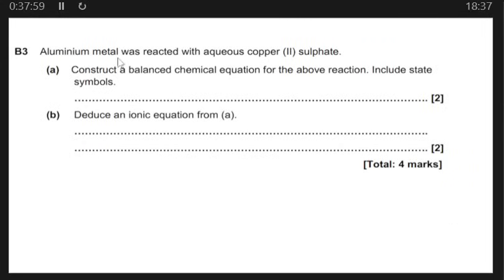B3 says aluminium metal was reacted with aqueous copper 2 sulfate. Then A, they are saying construct a balanced chemical equation for the reaction, include state symbols. So we'll start.